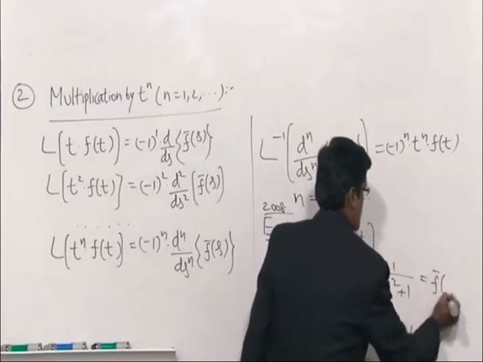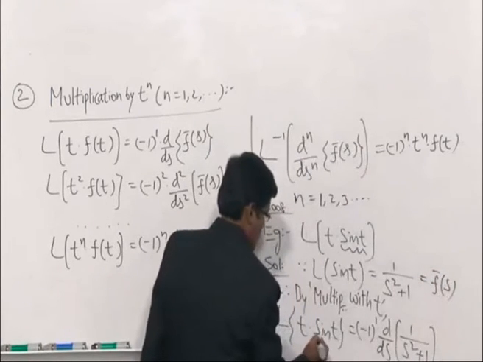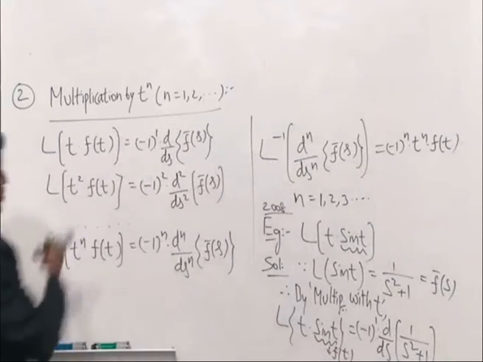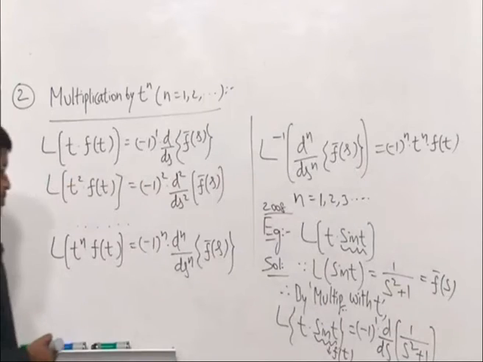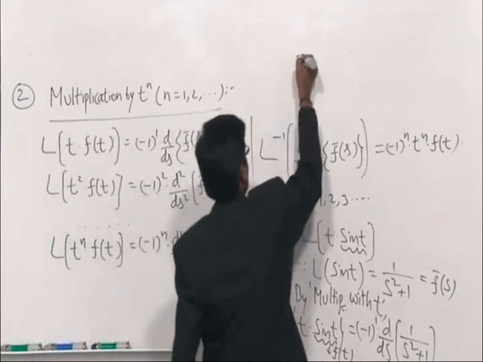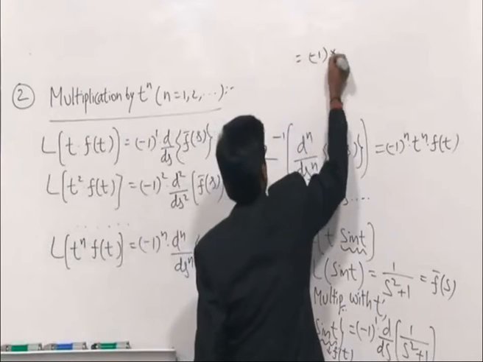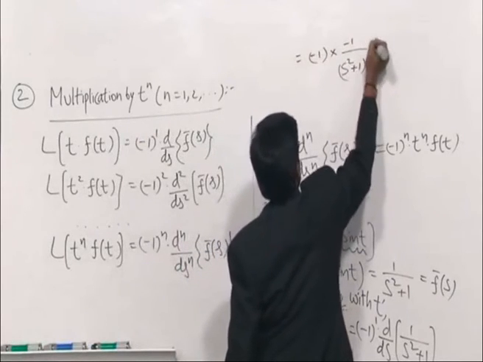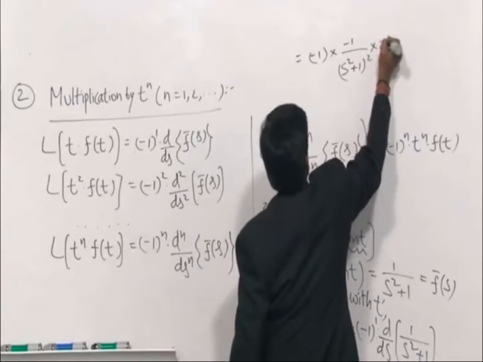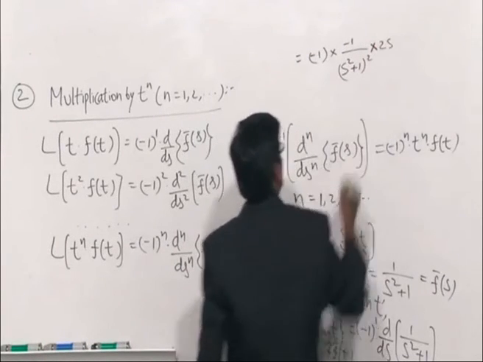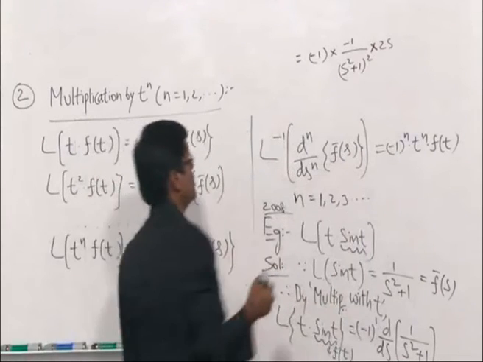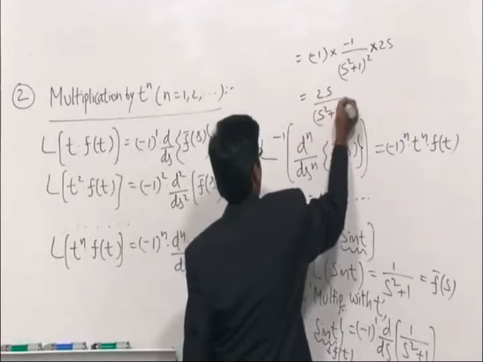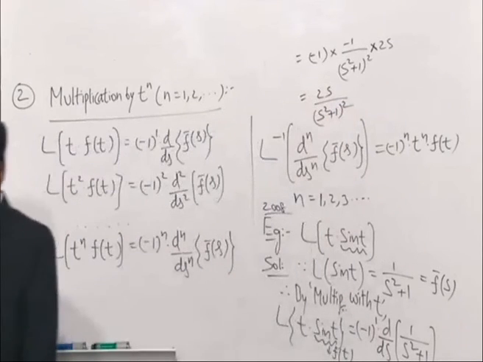This is your f bar of s, and this term I took as standard term f of t, comparing with this property. So what is the derivative of 1 over s square plus 1? Minus 1 into minus 1 divided by s square plus 1 whole square into 2s, using standard differentiation procedure, or you can apply the u by v rule, quotient rule. So 2s over s square plus 1 whole square, this is the answer.